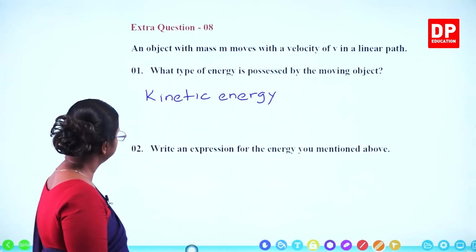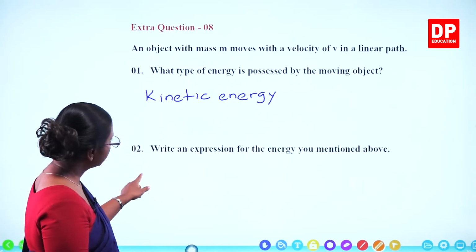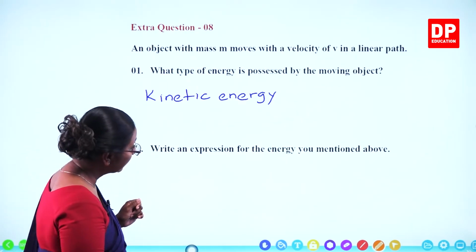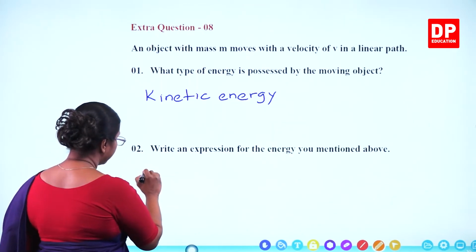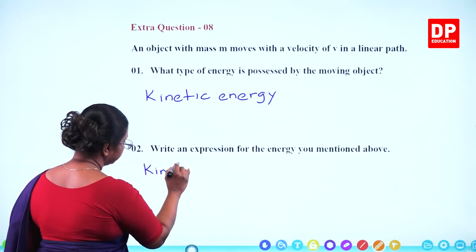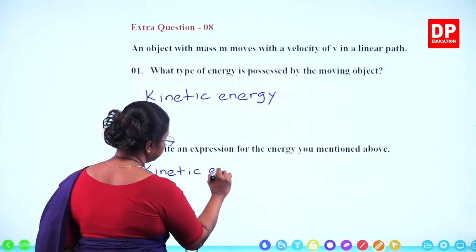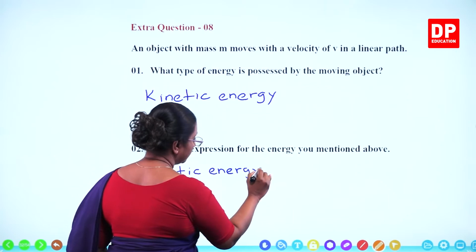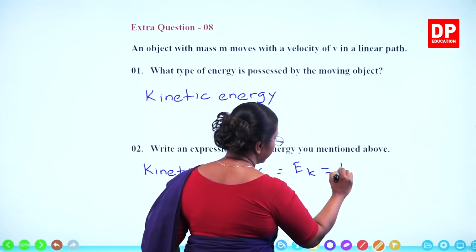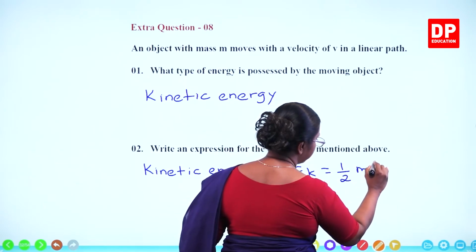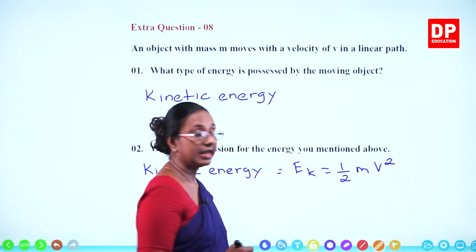Kinetic energy. Second part of the question, write an expression for the energy you mentioned above. You all know the expression, kinetic energy, that is E kinetic equals half mv squared.